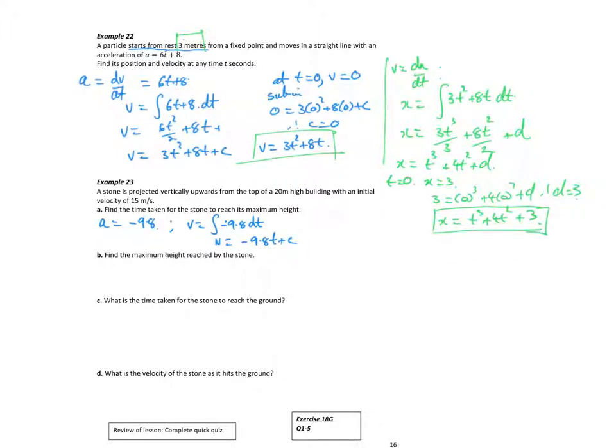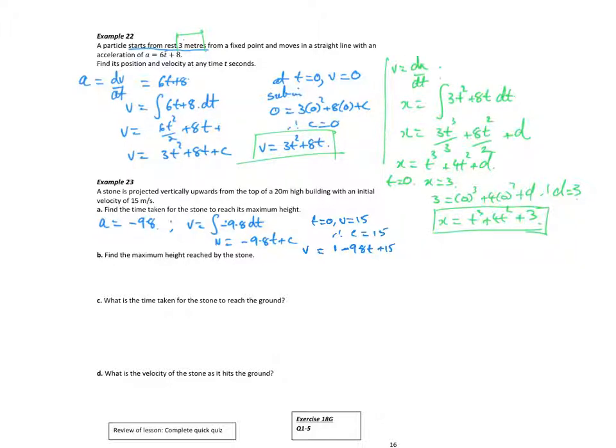And we projected vertically upwards, initial velocity of 15 metres per second. So at t equal to 0, v is equal to 15, and therefore hopefully you can see that's what my c value will be. If I put t equal to 0, I'll get c equal to 15. So my velocity is equal to negative 9.8t plus 15.